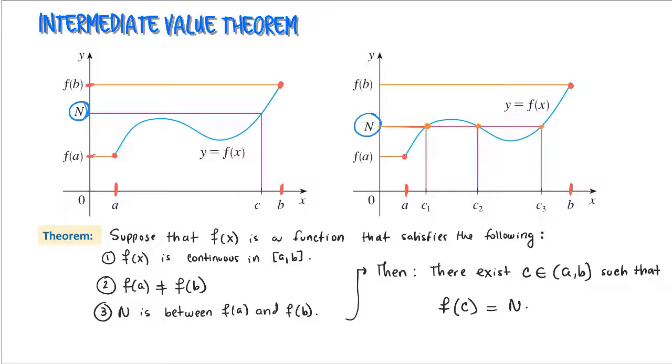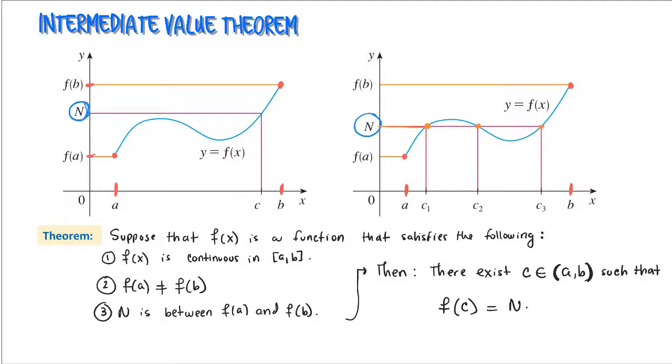And I want to emphasize here, actually this looks like a hard bracket, it's supposed to be a soft bracket. What I want to emphasize is that the theorem guarantees the existence of a c, not of multiple c's. We could have multiple c's, but we have one for sure. At least we have one. So c has to be in the open interval (a, b).